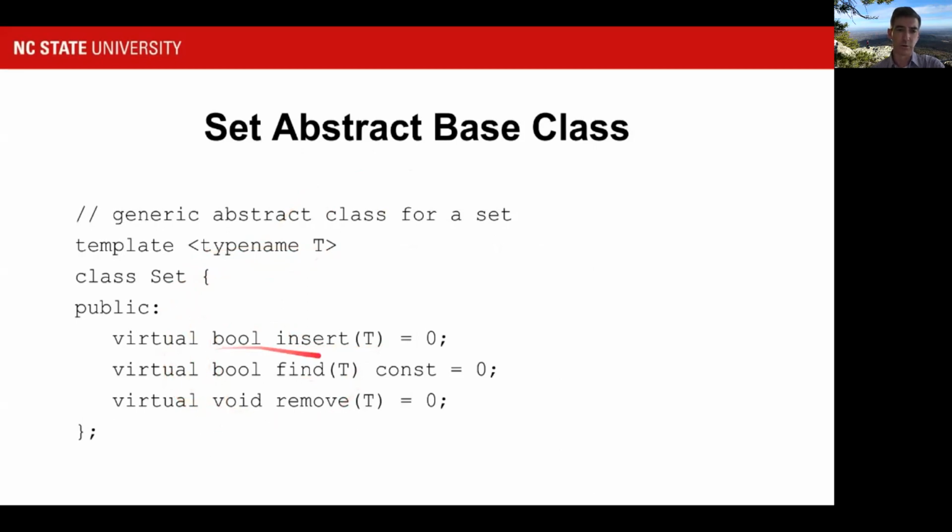These are all pure virtual functions, which means someone needs to come along and provide a derived implementation from this class that then fully explains how a set abstract data type works and implements all of these functions.